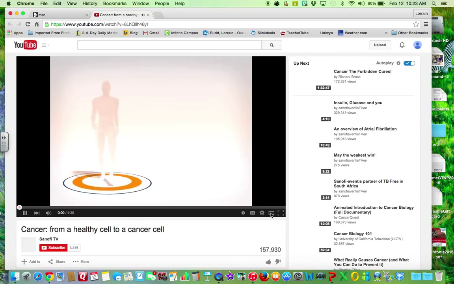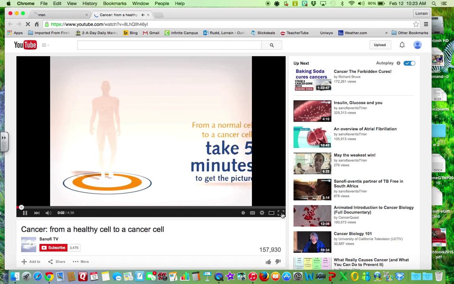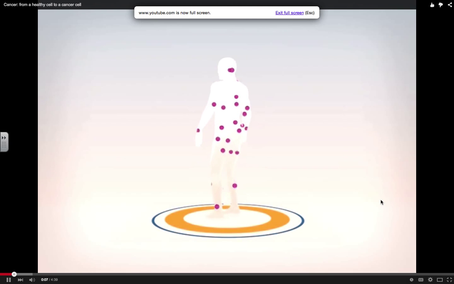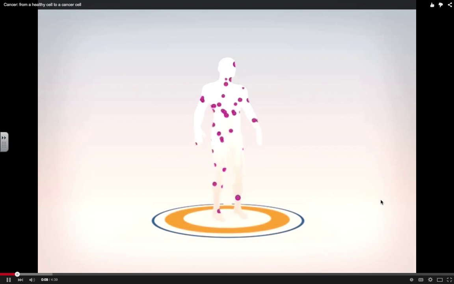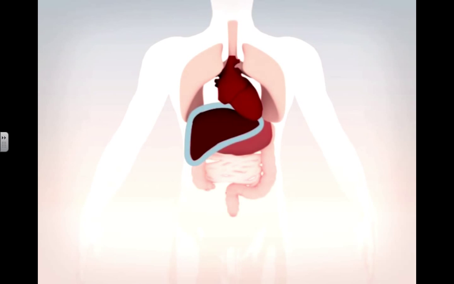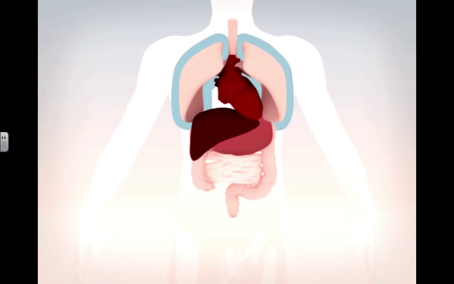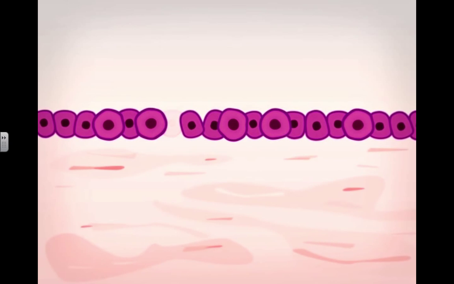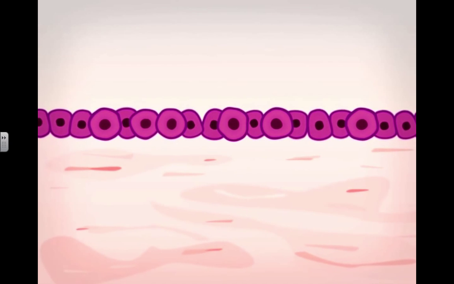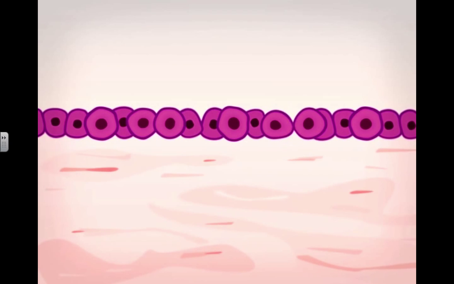A normal cell to a cancer cell. Take 5 minutes to get the picture. More than 60,000 billion cells make up the human body. They are the units that form the tissues which make up our organs, like the liver, heart, and lungs. When the body needs it, our cells split into two and replace those cells that are defective or have come to the end of their lifespan.